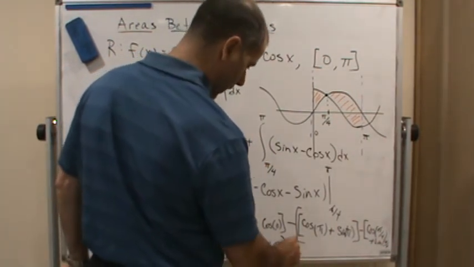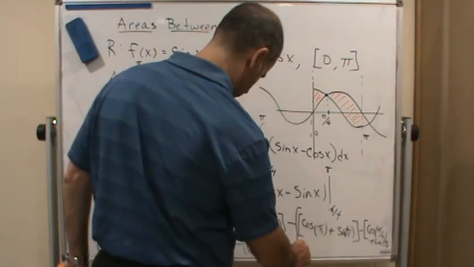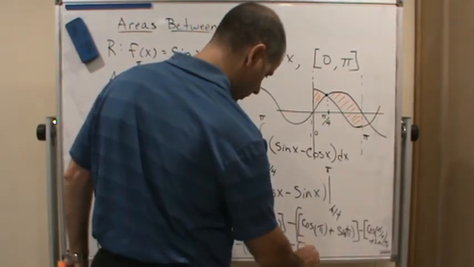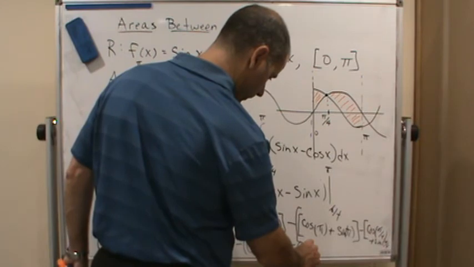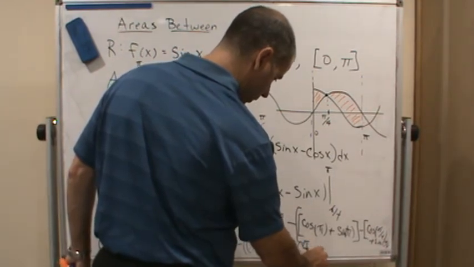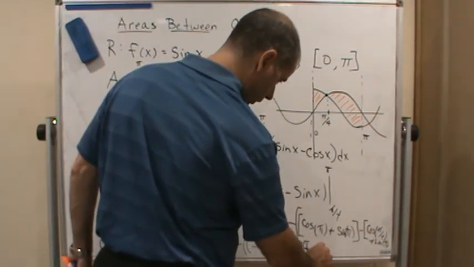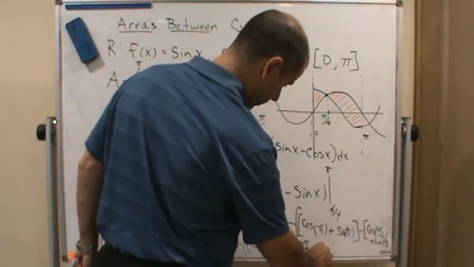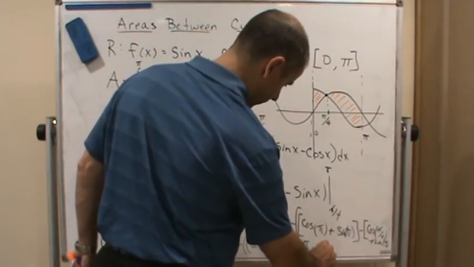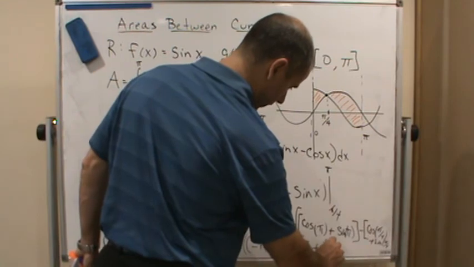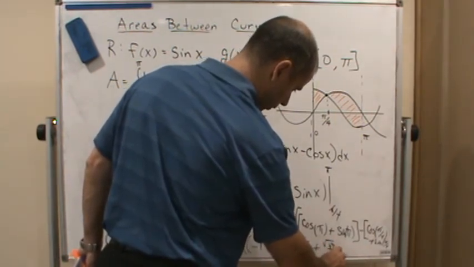Cosine of pi over 4 is square root of 2 over 2, and sine of pi over 4 is square root of 2 over 2.